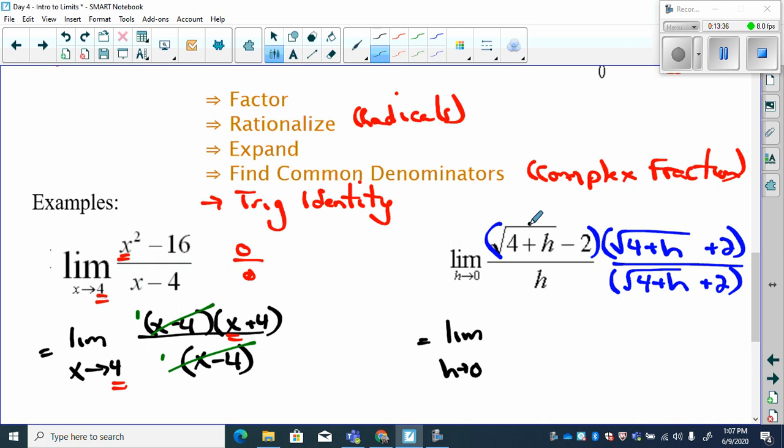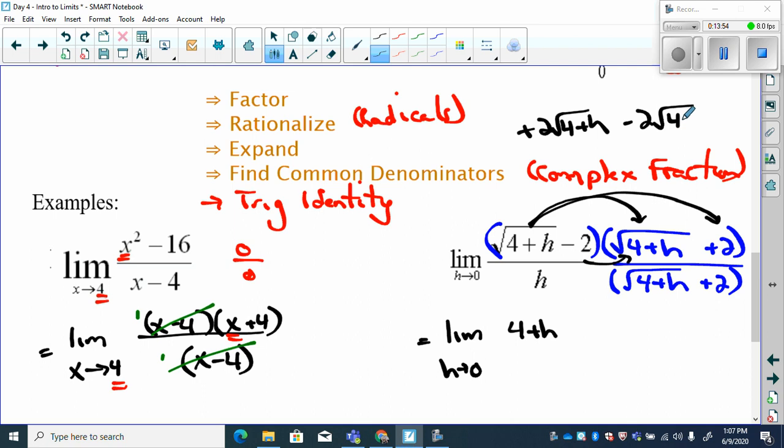Now there's a shortcut you can use, like this times this. Radical 4 plus h times radical 4 plus h would give me 4 plus h. If you did this times this, you'd get plus 2 radical 4 plus h. And then this times this, minus 2 radical 4 plus h. And those things would cancel one another out.